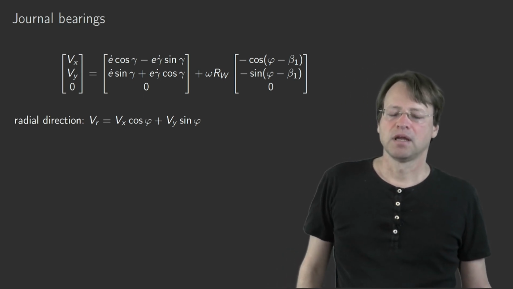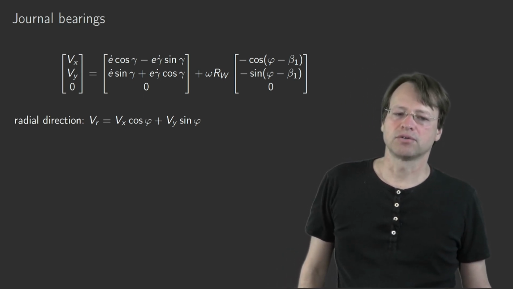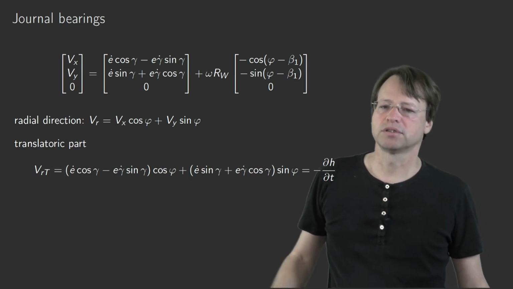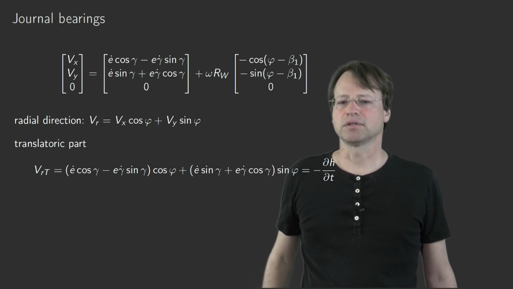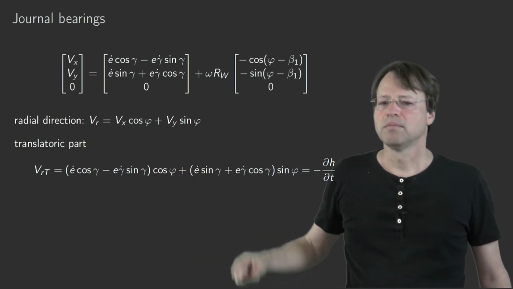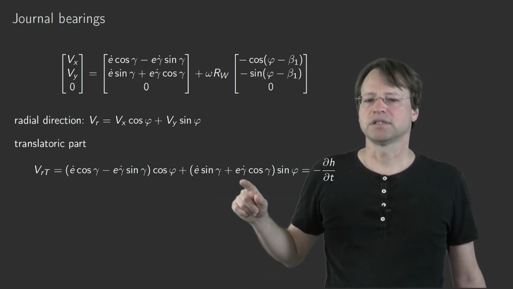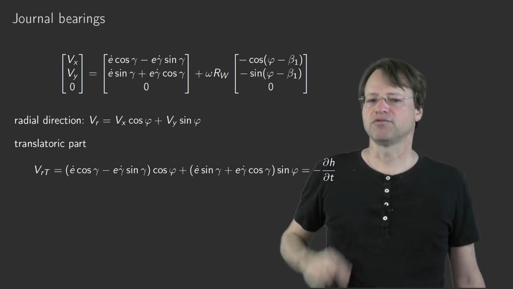Well, we have here a translatory part, which consists of e dot cosine gamma minus e gamma dot sine gamma, times cosine phi, plus e dot sine gamma plus e gamma dot cosine gamma, times sine phi.